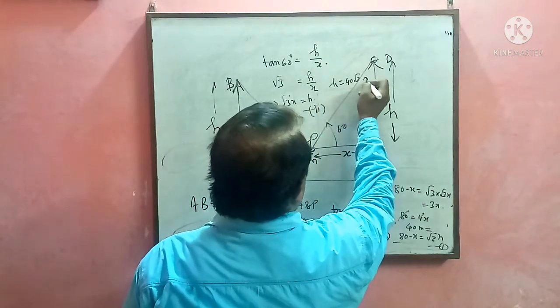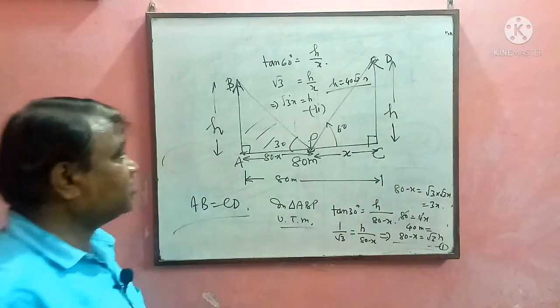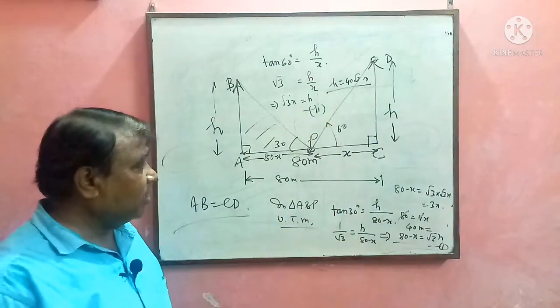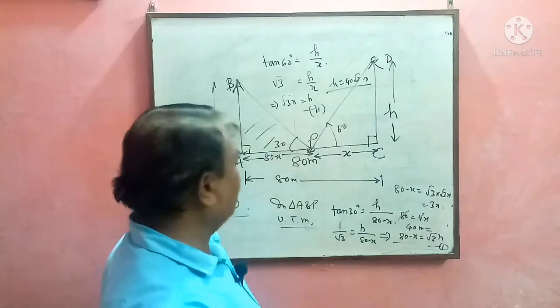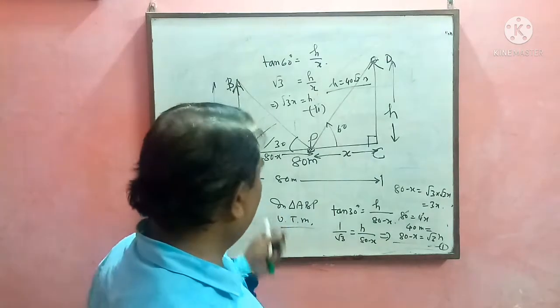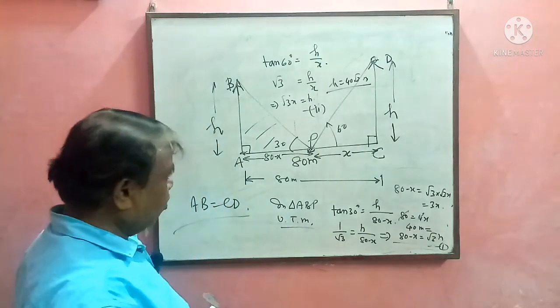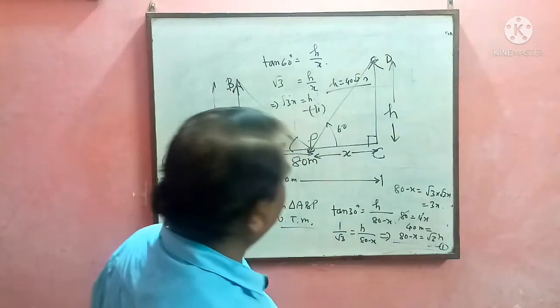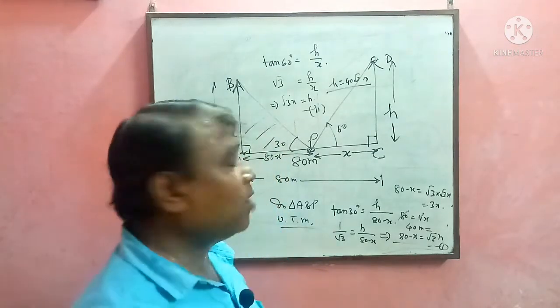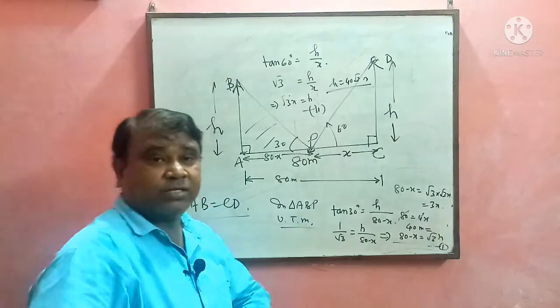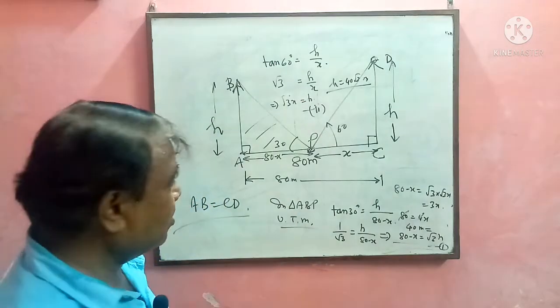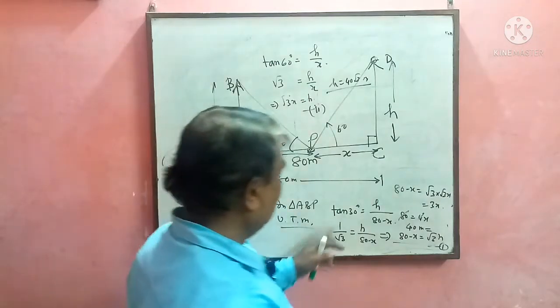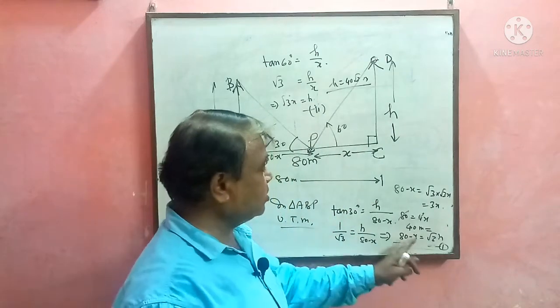So the height of this building is 40 root 3 meter and it is at the middle of the road from which we are having the view of two tops of the buildings standing on opposite sides of this road. Got it?